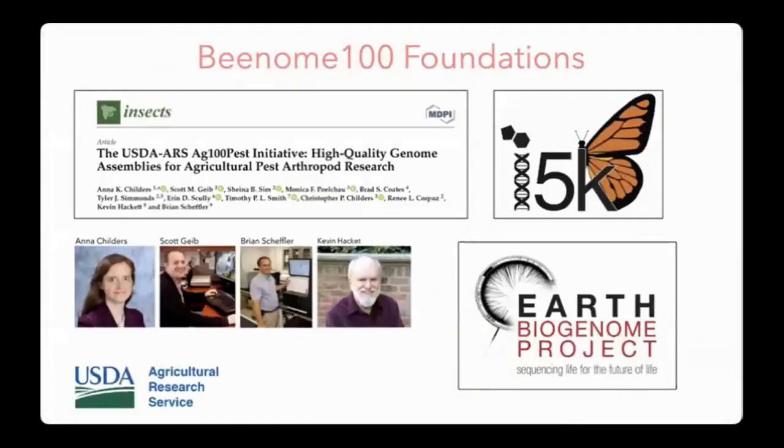The Beenome100 project didn't just arise out of nowhere, but it's building upon past work led by USDA and others. Key projects include the ongoing AgPest100 initiative, which aimed to sequence 100 plus insect pest genomes. This project was led by Kevin Hackett, Anna Childers, and Scott Geib, and others at USDA.